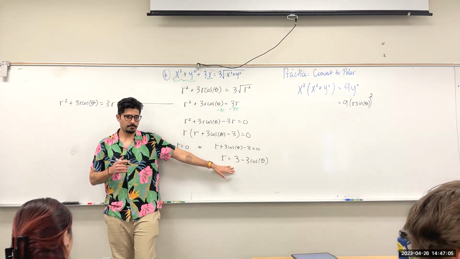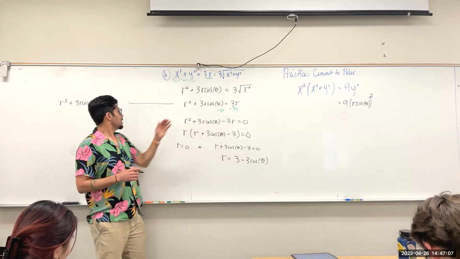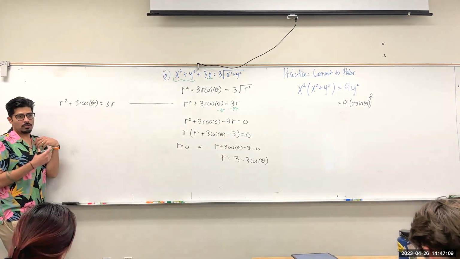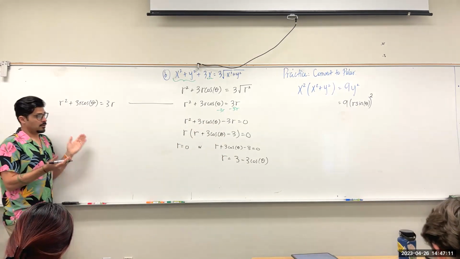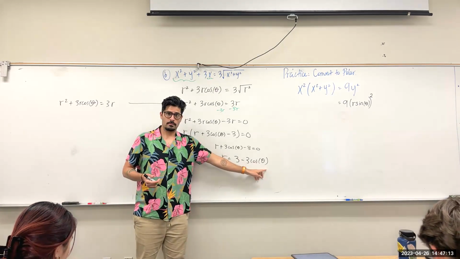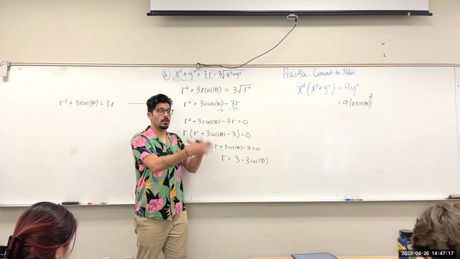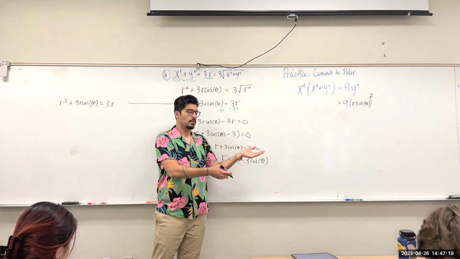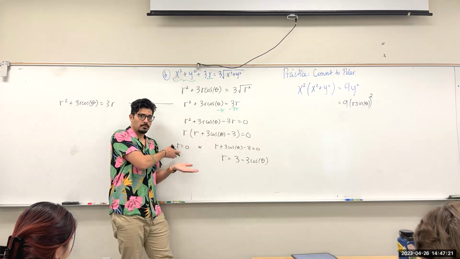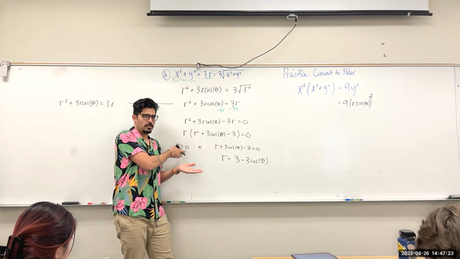I'm gonna say that again. For me to divide by R, I have to assume R is not 0, which would have given me this equation. But this graph, as we saw, also included the origin. So it still also includes this guy. You get what I'm saying?